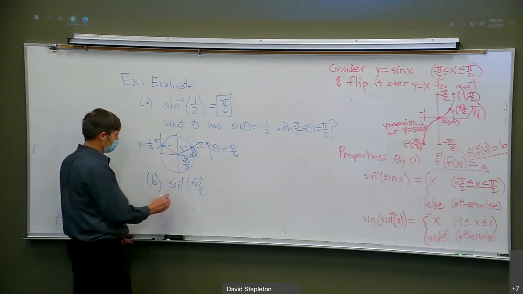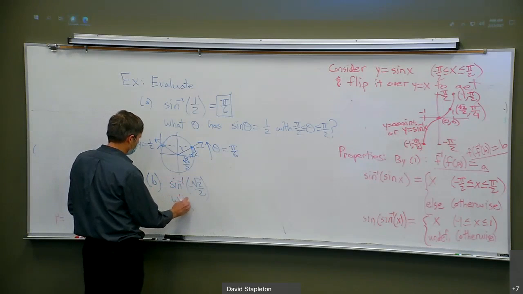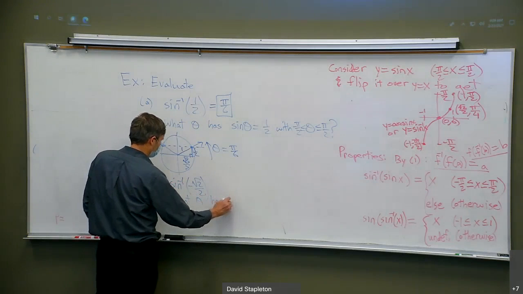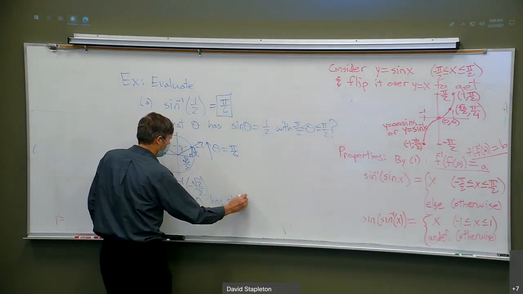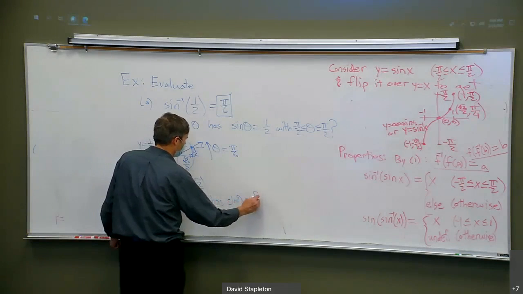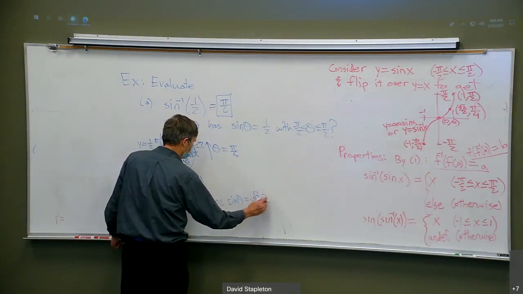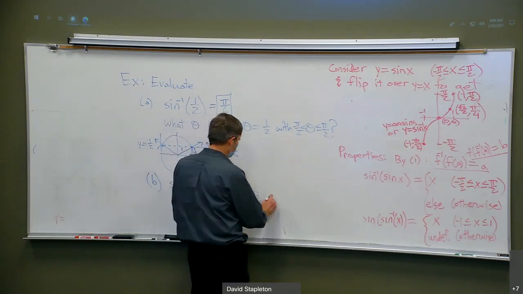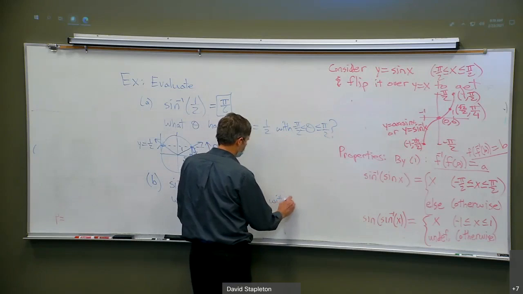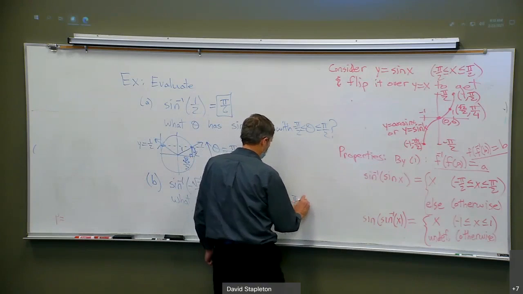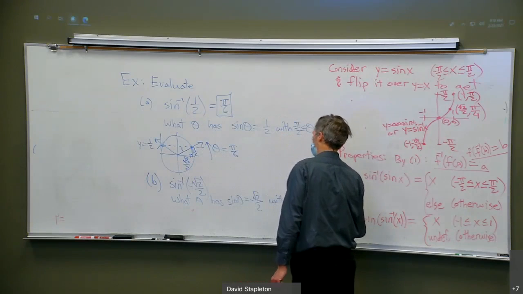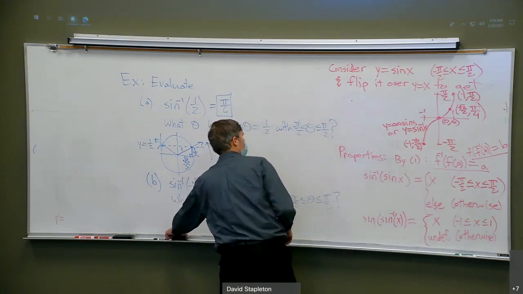So again, you say this: what theta has this sine? That's the inverse question. You can answer it on the unit circle, but it's not just what theta is. What theta between minus pi over 2 and pi over 2 has that sine? Then there's only one answer. So I'll run to the unit circle again.